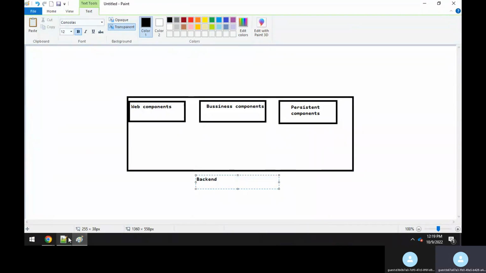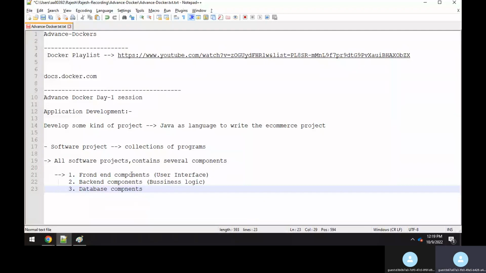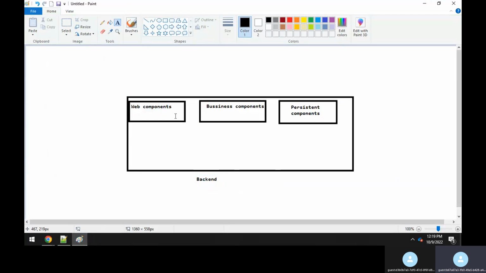So there are three components: front end, back end, and database. The back end component comprises the web component, business component, and persistence component.